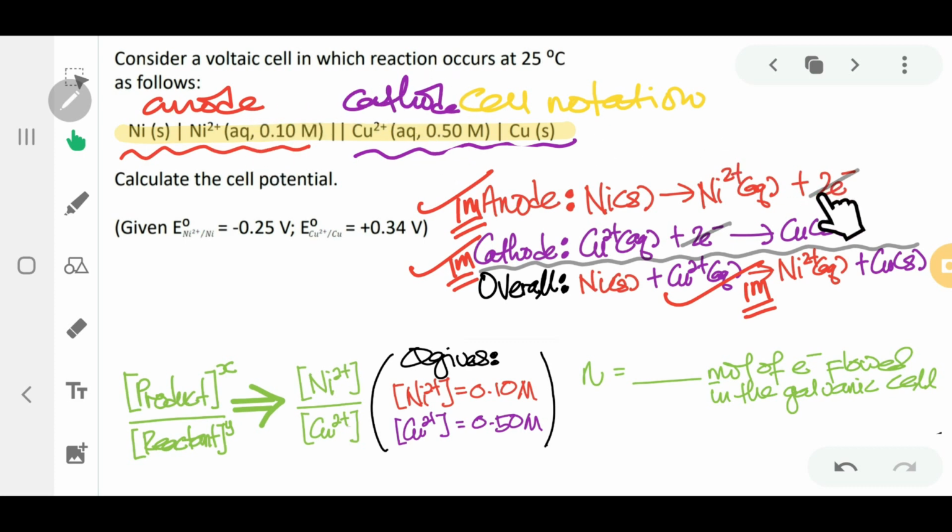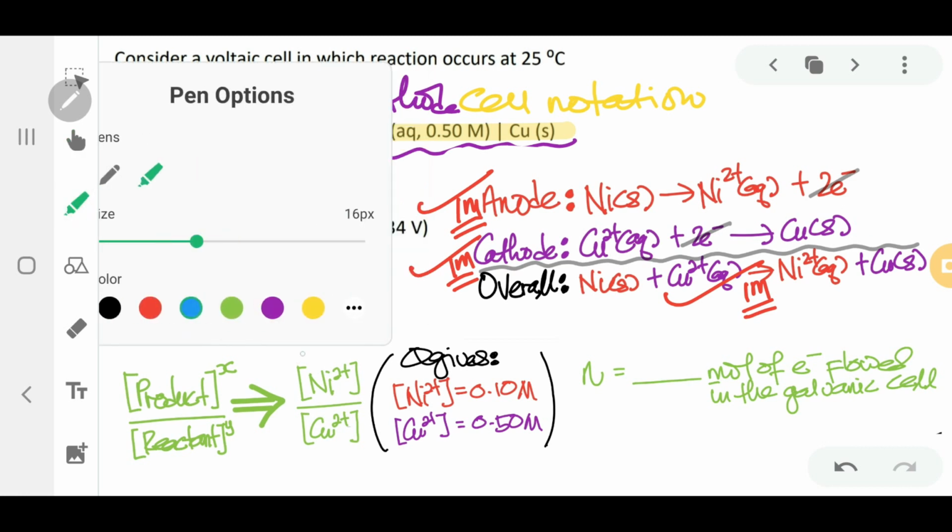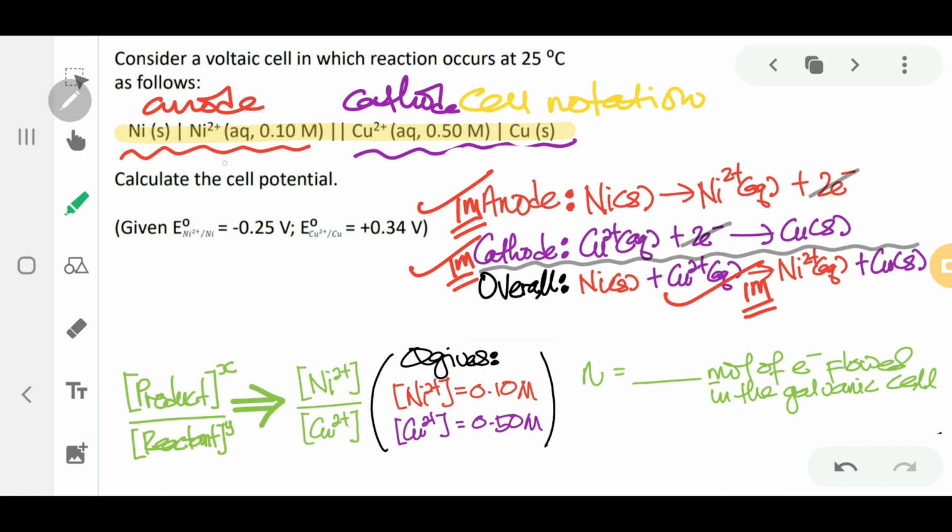And how much? 2 moles of electrons. So 2 moles of electrons will be lost from the anode, and 2 moles of electrons will be received by the cathode.